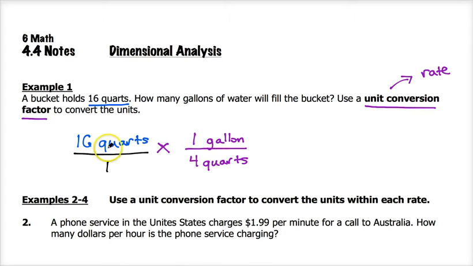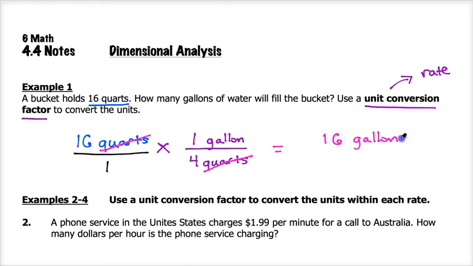So when I multiply these here, my quarts are going to disappear because I have 1 in the numerator here and 1 in the denominator here. And what I'm going to be left with is my number of gallons. So I'm going to get, if I do this fraction multiplication here, 16 times 1, which is 16.